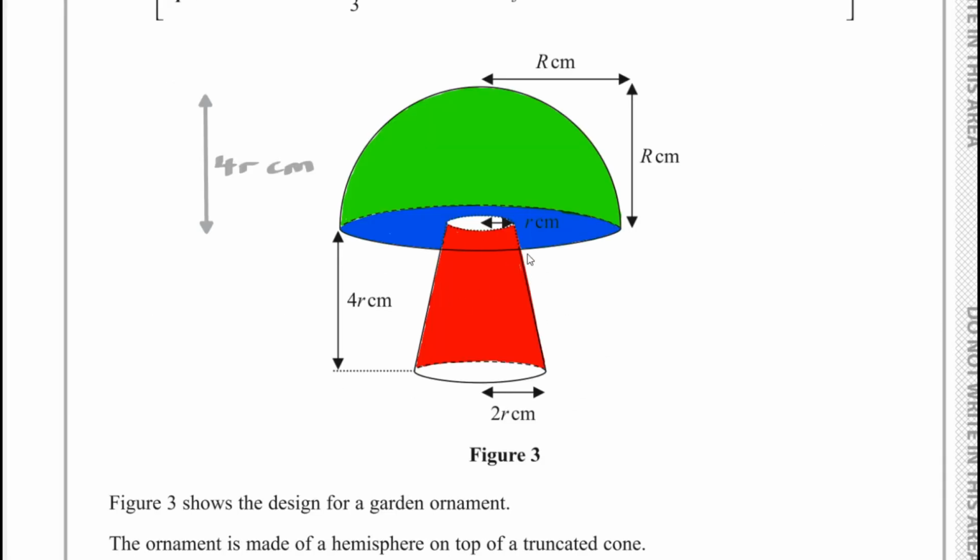And the visible areas are shown here. We've got the top bit of the hemisphere. We've got the red bit, which is the bit that sticks out, and then the bit underneath the hemisphere is shown in blue. So the coloured region is the region that is visible.